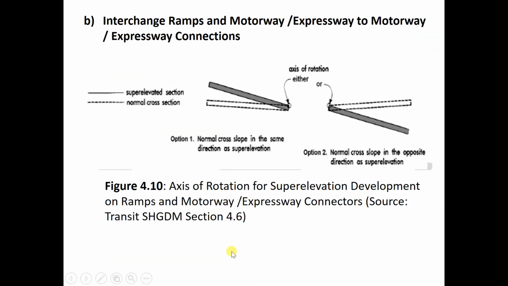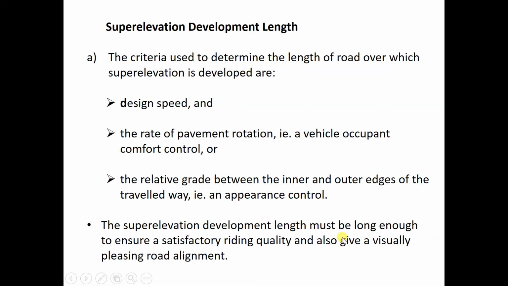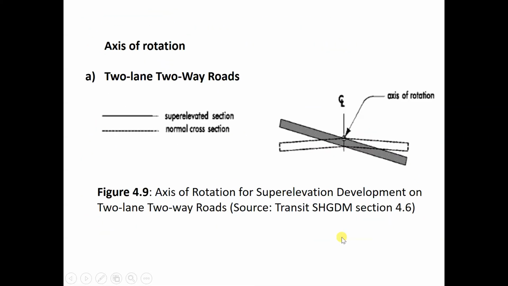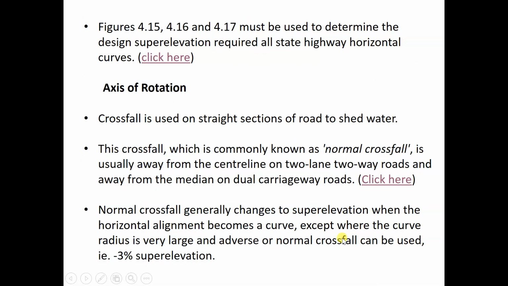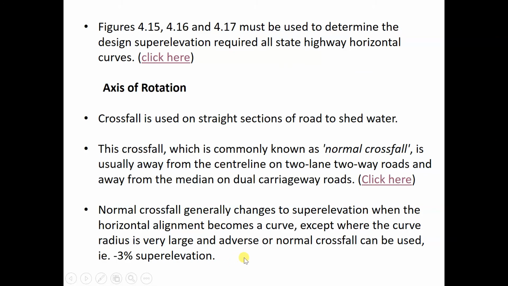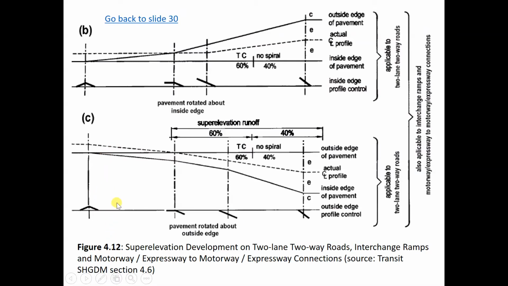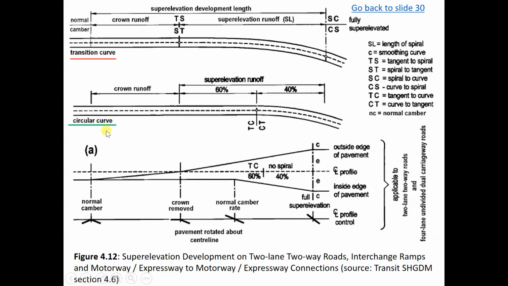So the road will be elevated. When you're approaching a curve, it will be normal camber, and then you have the crown removed, so the outside lane will be elevated until the edge is level with the center.